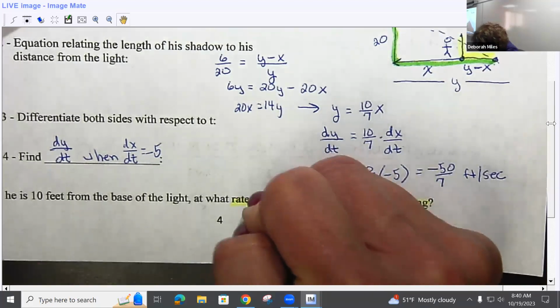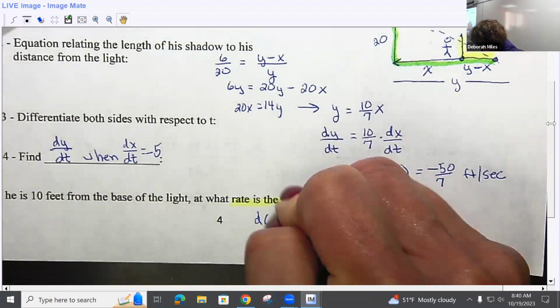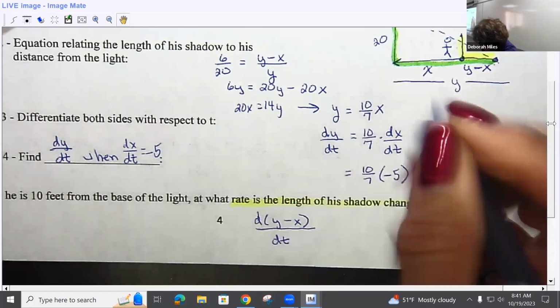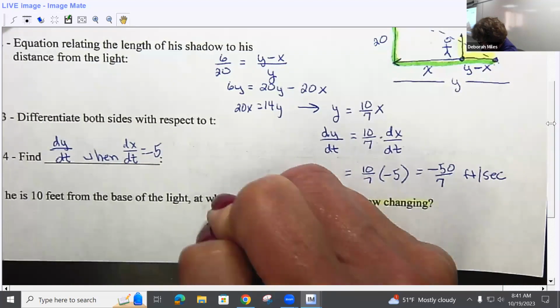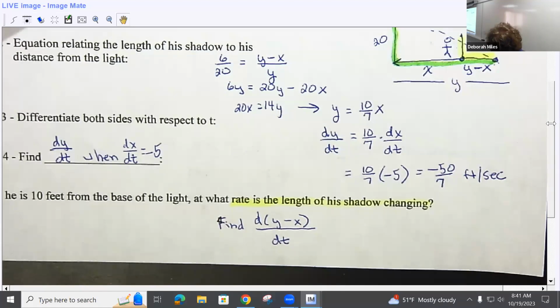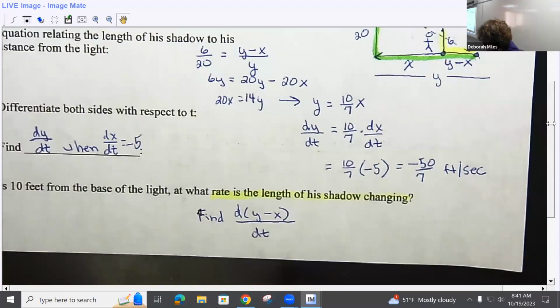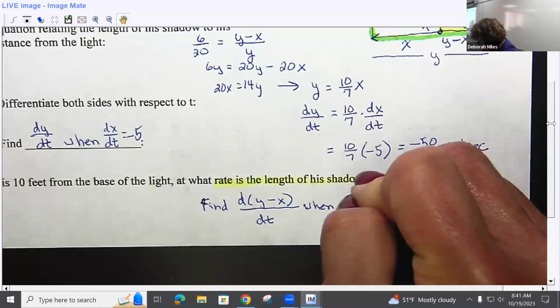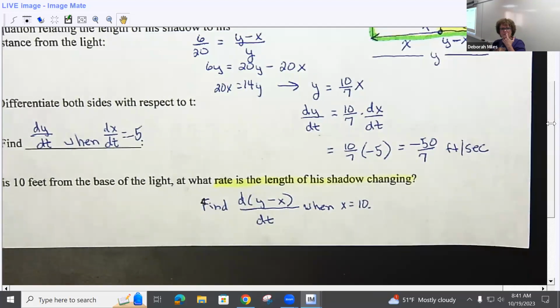So d of y minus x over dt is what we're trying to find. Find d of y minus x over dt when x equals 10. Do I need a different equation? I mean, how do I find d of y minus x?